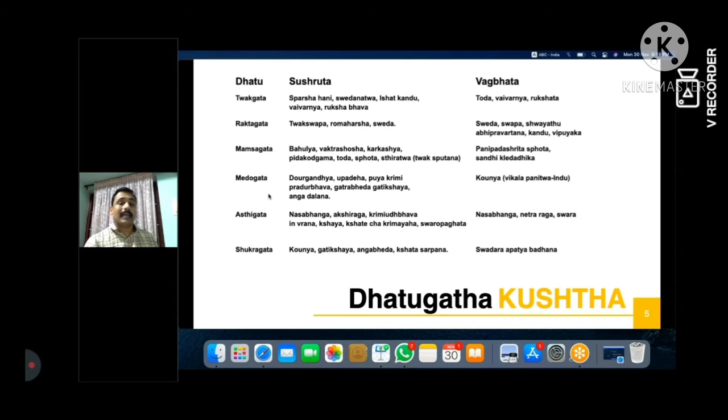And again, swarabhanga. This is one of the interesting features. Swarabhanga seen associated with skin diseases, then we should surely suspect the asthigatatva of the dosha. Then shukragatatva: kaunyata, gatikshaya, angabheda, shata, sarpana. So these are the lakshanas seen in shukragatatva.